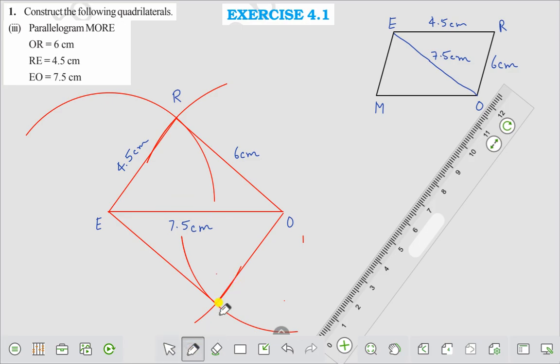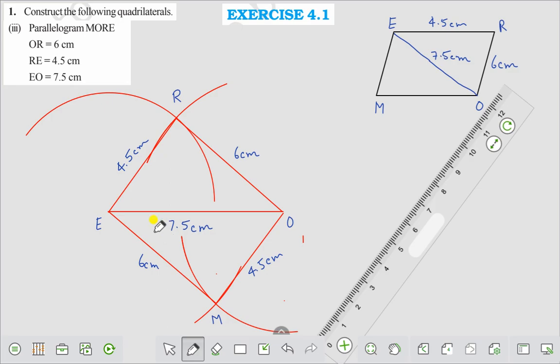We get another point, that is M. The value of OM is exactly 4.5 centimeter, and the value of EM is 6 centimeter.